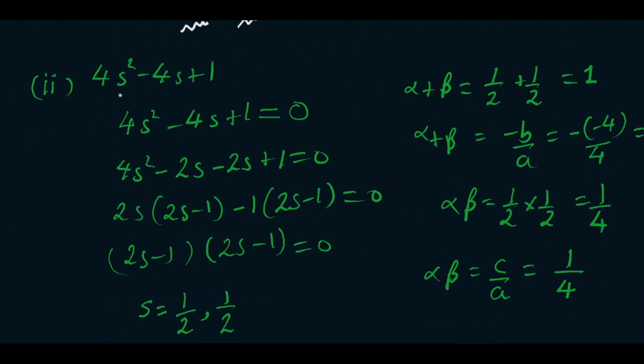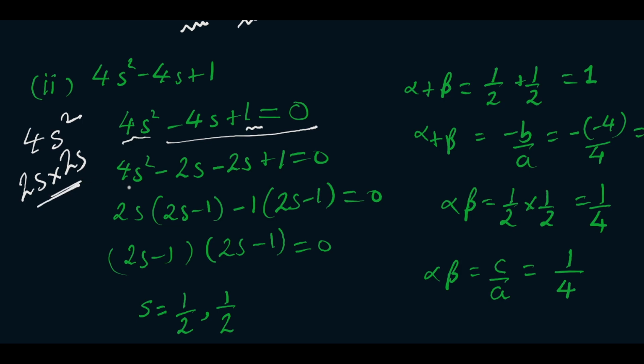Our second question is 4s square minus 4s plus 1. We equate this to 0. Now 4s square multiplied by 1 gives us 4s square. We can write it as 2s multiplied by 2s. This will be the factorization. So 4s square minus 2s minus 2s plus 1 is equal to 0.